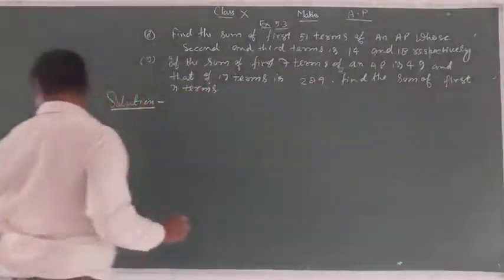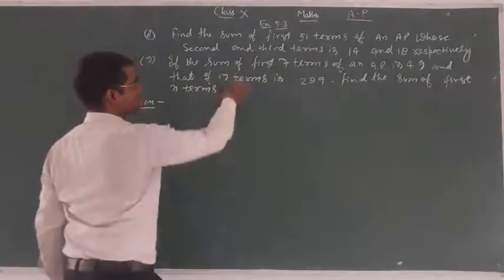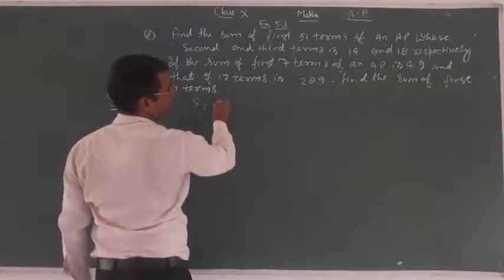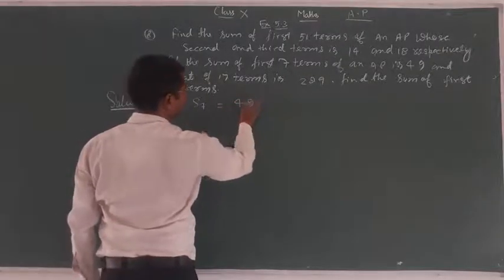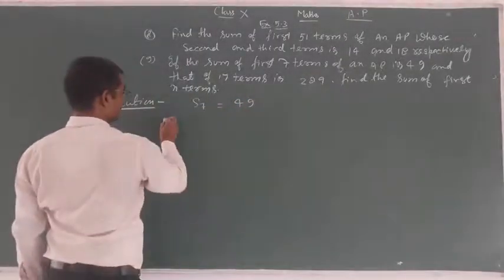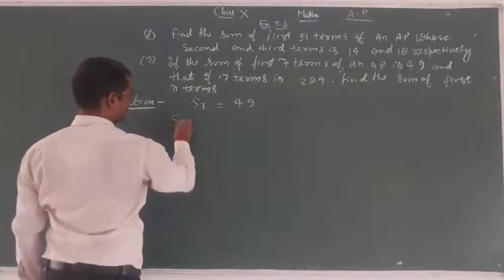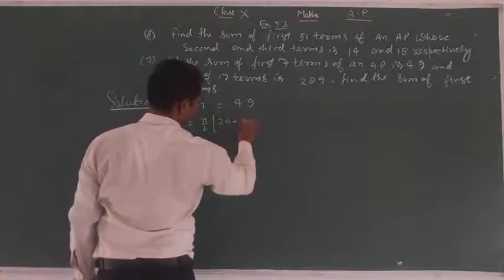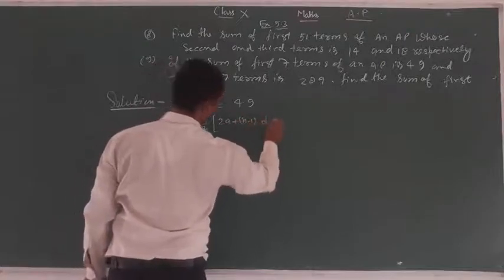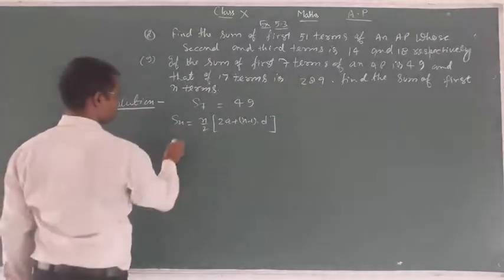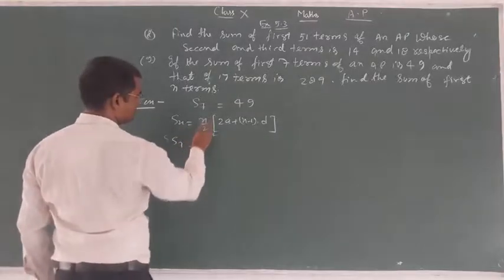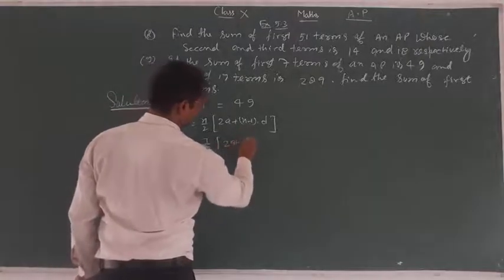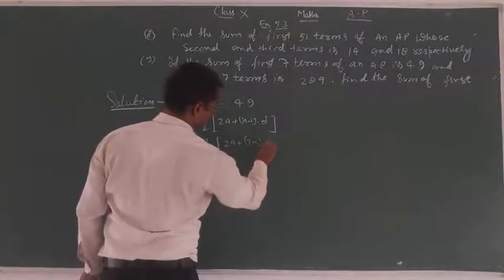So the sum of first 7 terms, S7, is equal to 49. So Sn is equal to n by 2 in bracket 2a plus n minus 1 into d. So S7 is equal to 7 upon 2 into 2a plus 7 minus 1 into d.